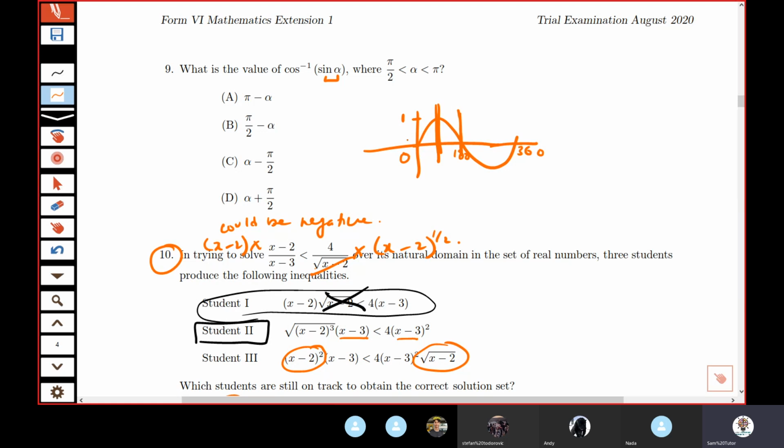For this point here, 0 now. So essentially you're inverse cosing 1 and 0, which obviously becomes inverse cos of 1 is 0, inverse cos of 0 is 90 degrees.